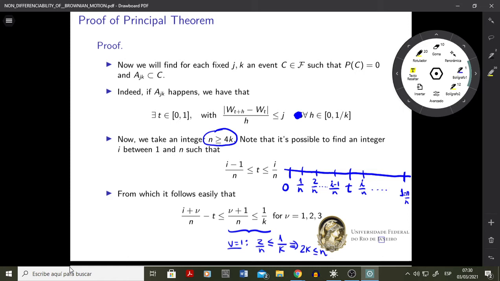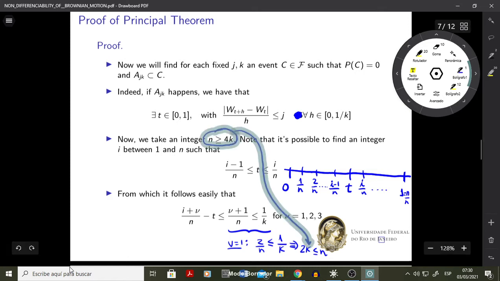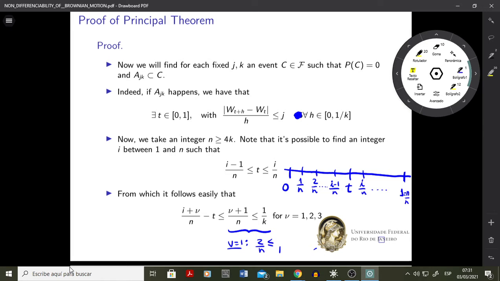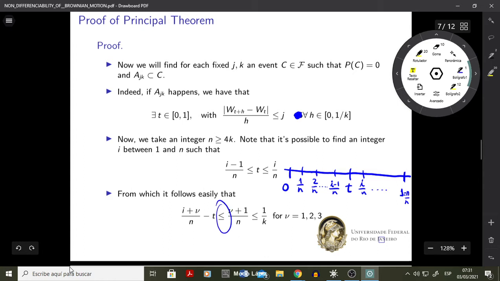Well, this is true because of this. The same happens for nu equal 3. For the other inequality, let me think.